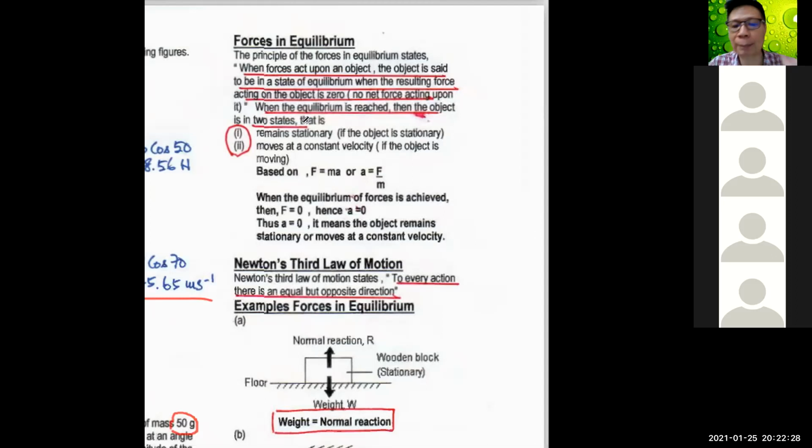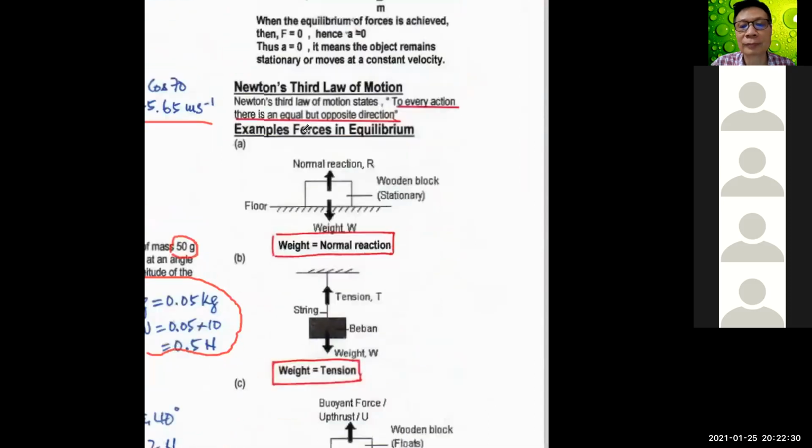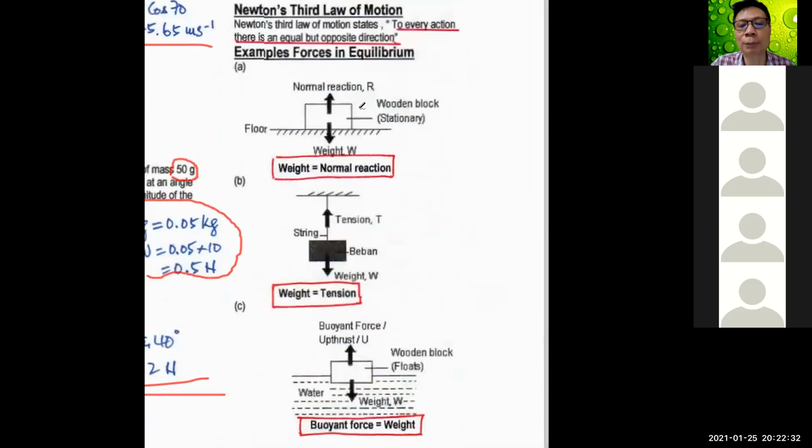Okay, I'll take one example. I use this one to explain to you. This object is acted on by 2 forces. One goes down, the weight. The other one is the normal reaction, going up. When the 2 forces are equal, one going up, one going down, when you total up, positive minus negative, it becomes 0. Meaning the net force, the resultant force, is 0.